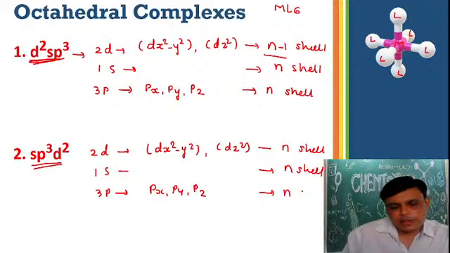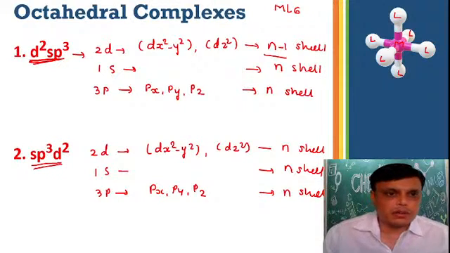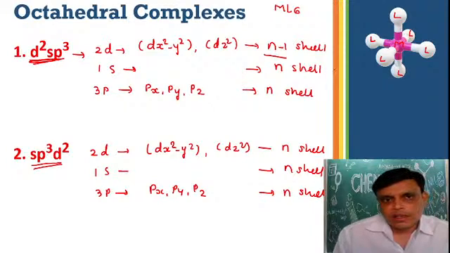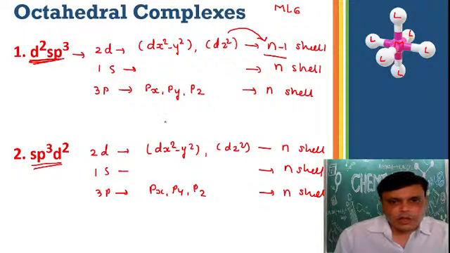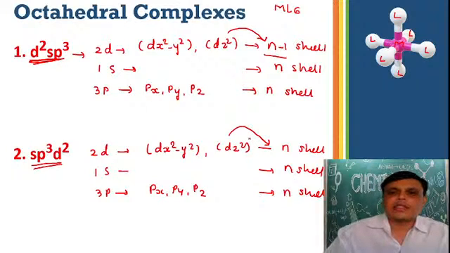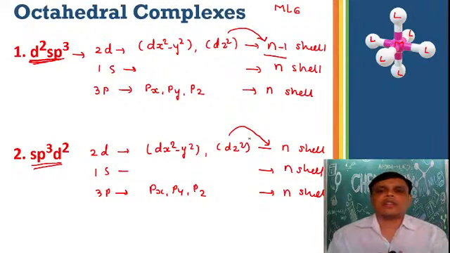Okay, did you understand the difference between these two hybridizations? In the first case, d2sp3, the d orbitals are from the n minus 1 shell, and in the second case the 2d orbitals are from the n shell. This is the difference. How it is n minus 1 and n shell, we will see while solving the examples.